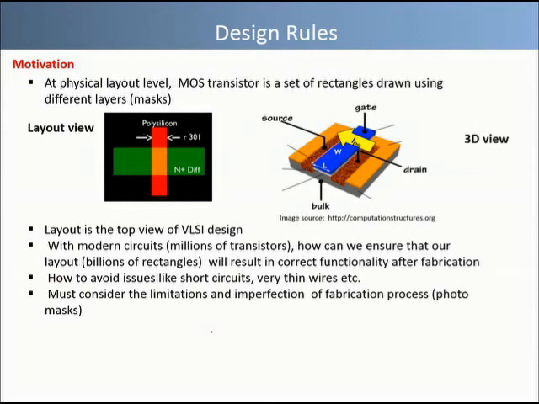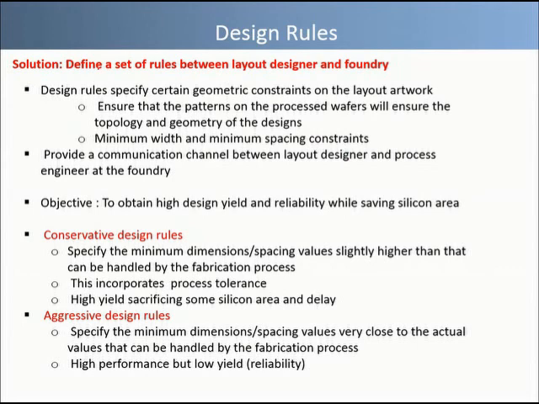Actually we want to have a complete picture of various limitations of manufacturing process while designing our layout, and this is done by defining a set of rules between layout designer and foundry, and these design rules are actually the limitations set on the geometry of the layout. These rules mainly specify minimum width of rectangle and various spacing constraints between them.